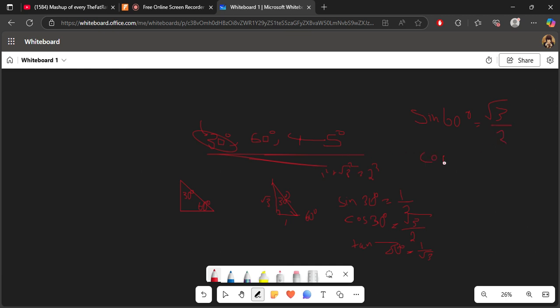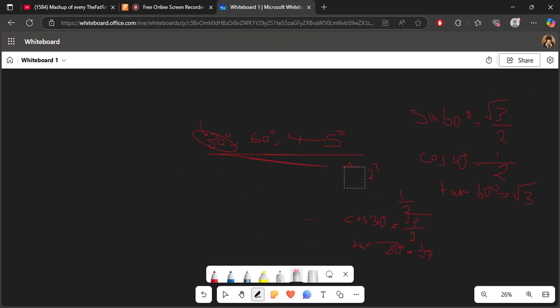The cosine of 60 degrees will be 1 over 2. And then the tangent of 60 degrees will be the opposite over the adjacent, which is square root of 3 over 1, which is just square root of 3. And that's how we find the sine, cosine, tangents of 30 degrees and 60 degrees.